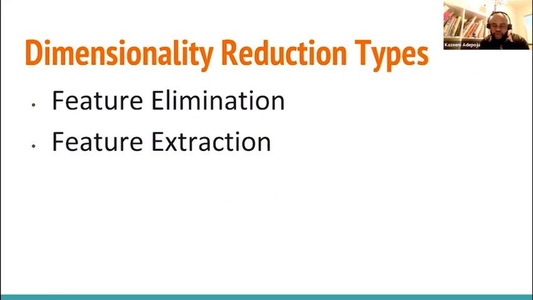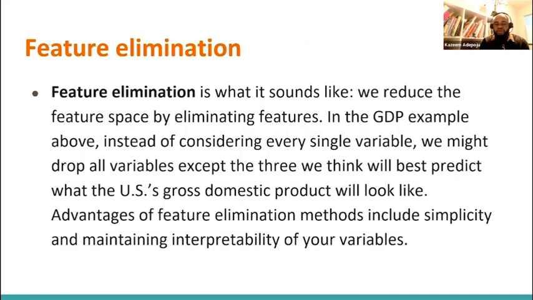Feature elimination means, how can we eliminate some explanatory variables that are not that important? Because when you don't eliminate them, they will be causing problems. And how do I extract the important ones? That is feature extraction. I'm going to walk you through an example right now.